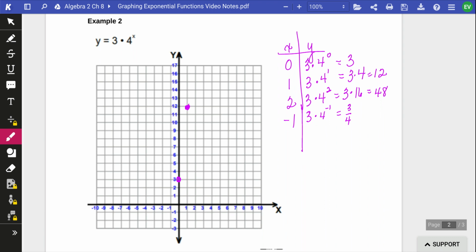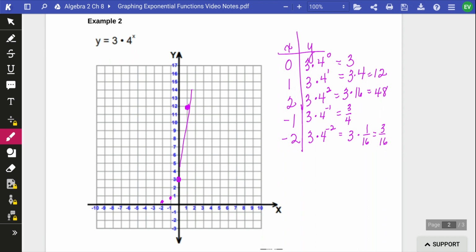So (-1, 3/4) goes about there. For -2, we have 3 times 4 to the negative second power, which is 3 times 1 over 16, or 3/16. So (-2, 3/16). And you can kind of see what direction we're going in.